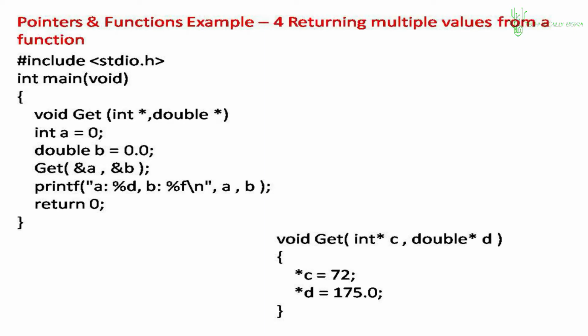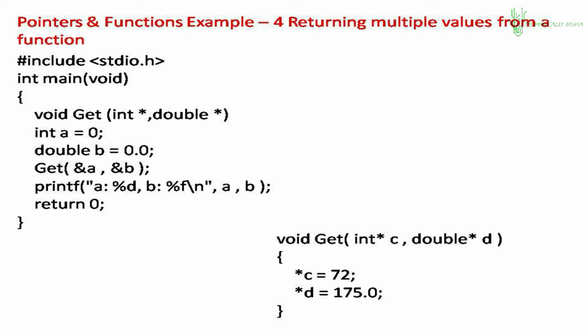Look at the function. The get function takes two arguments. One is an integer pointer, another is a double pointer: the address of an integer and the address of a double. You have two variables a and b, and you are passing the addresses of both a and b to the get function.